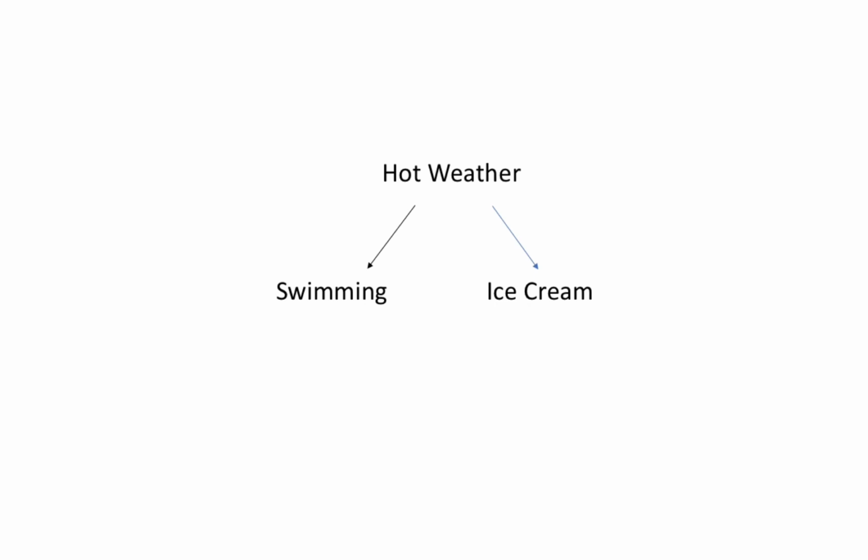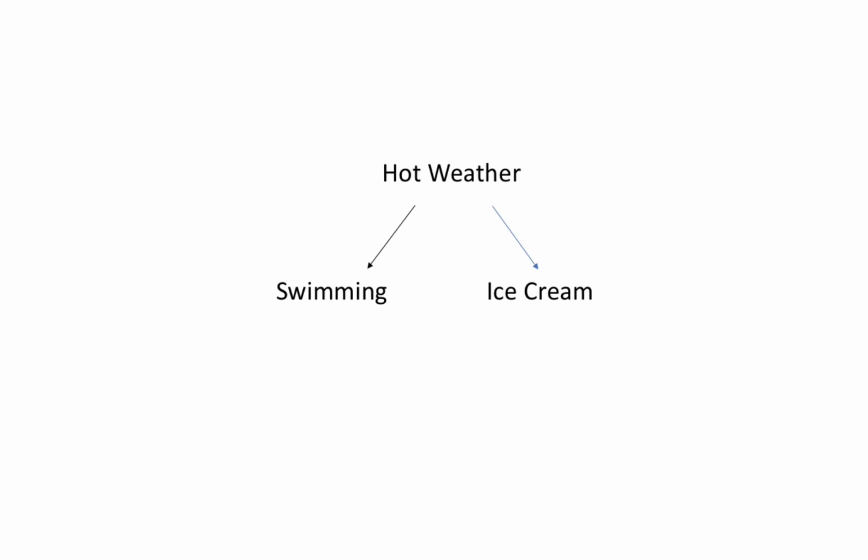If this graph is correct, then swimming doesn't lead to more ice cream. Swimming and eating ice cream occur as a result of hot weather. When it's hot outside, people tend to swim more and eat more ice cream. Hot weather is the confounding variable that explains why swimming and ice cream are correlated.